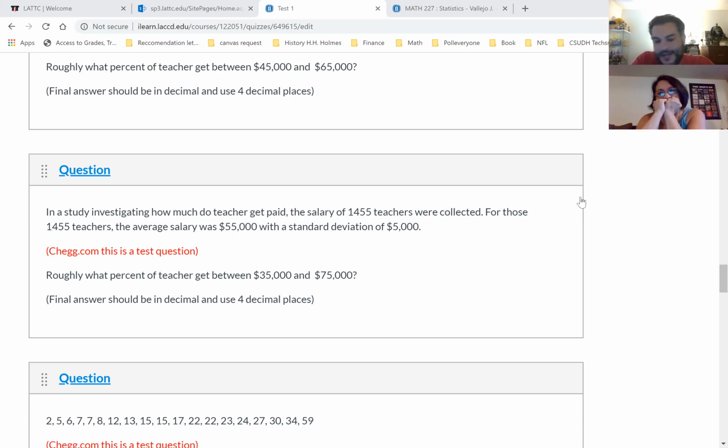So for problem number 22, the actual answer is 0.9375, because I accidentally put the answer to be 0.8889.